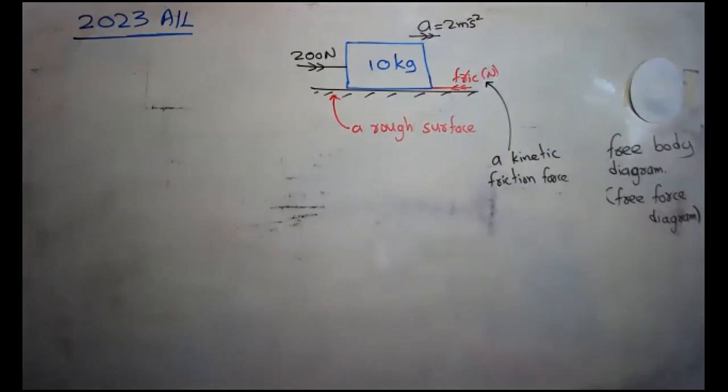Roman number three. Draw the free body diagram of the object.